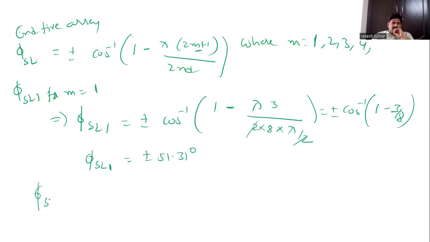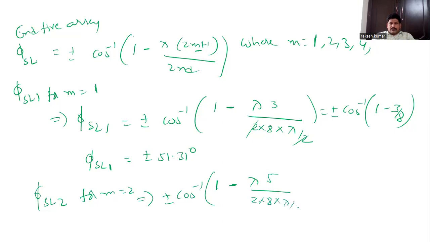Okay, so similarly, phi SL2, that is for m is equal to 2, simply substitute here, plus or minus cos inverse of 1 minus lambda into 2 into 2, 4, 4 plus 1, it is 5, 5 by 2 into 8 into lambda by 2.